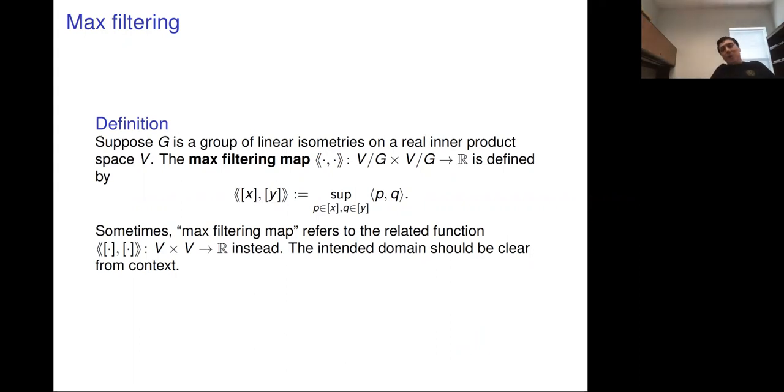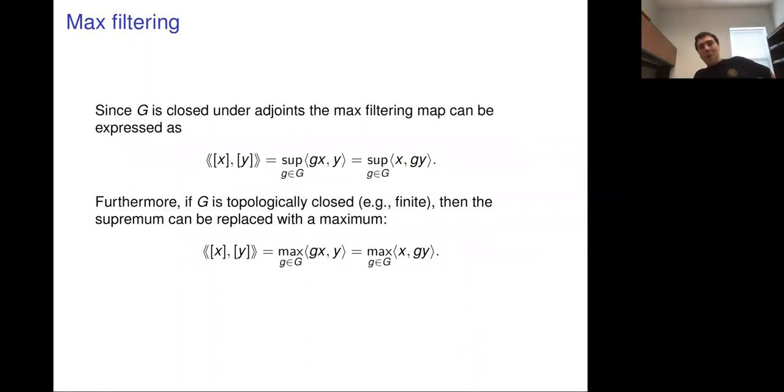Now, one thing to notice here is that as long as this is well defined, it's definitely invariant on the orbits, because it's defined in a way to be invariant, since you're scrolling over the entire orbit to get your output. Since I'm assuming that this is a group of isometries, the adjoint of anything in the group is also in there, because the adjoint is the inverse.